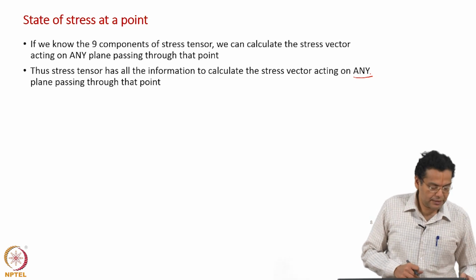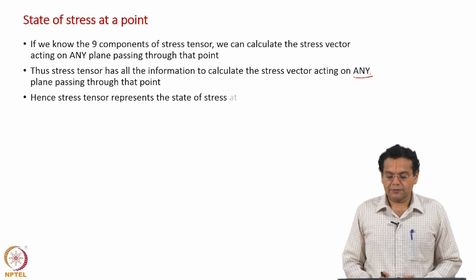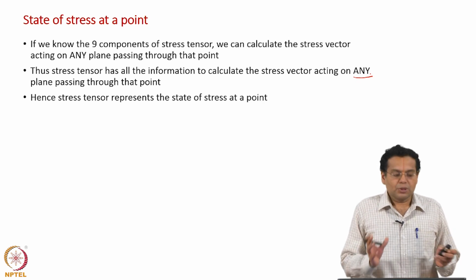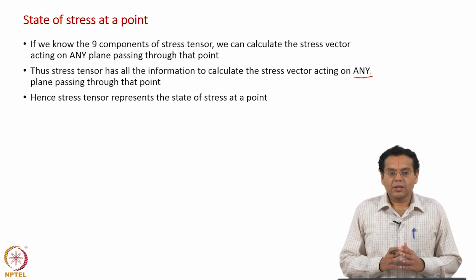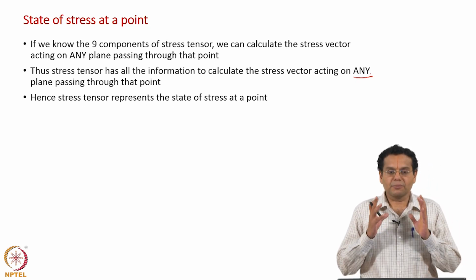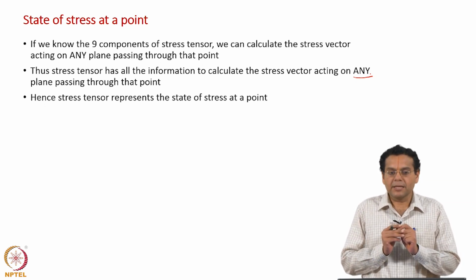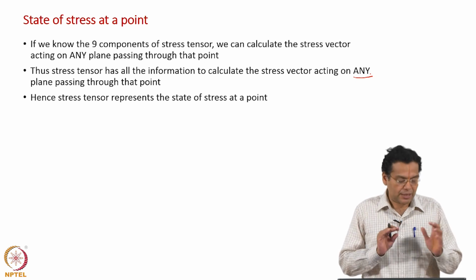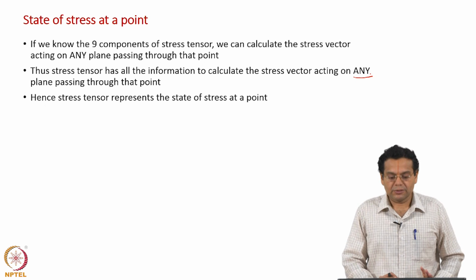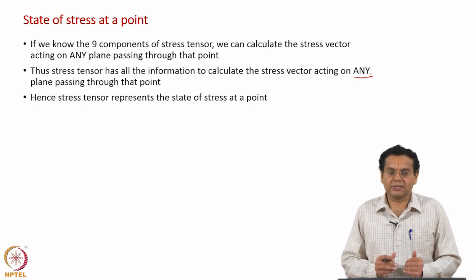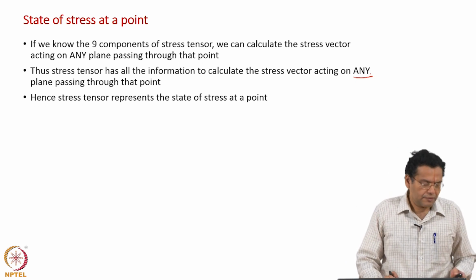And hence the stress tensor represents the state of stress at a point. Of course, it is a little bit not as easy as a vector to understand. If you look at a stress tensor, you should imagine that it tells about the state of stress at a point. Why does it tell about the state of stress? Because it has all the information to calculate stress vectors on any plane passing through that point. So, by this we have answered the first part of the question. Second part is of course more of vector algebra.